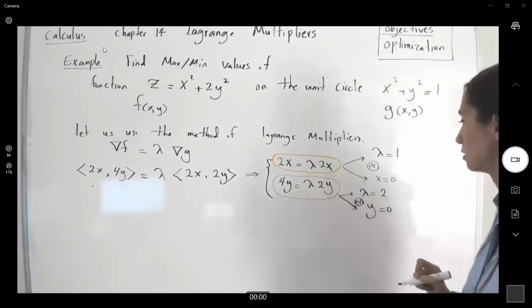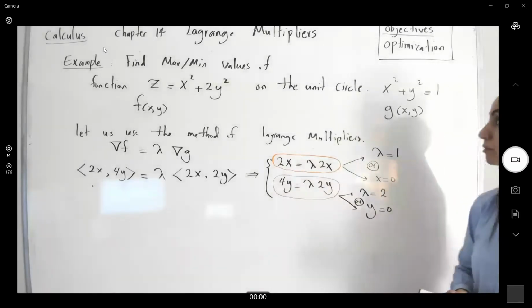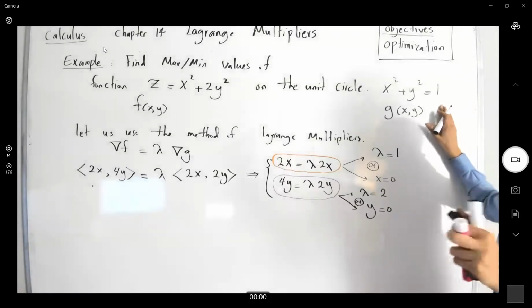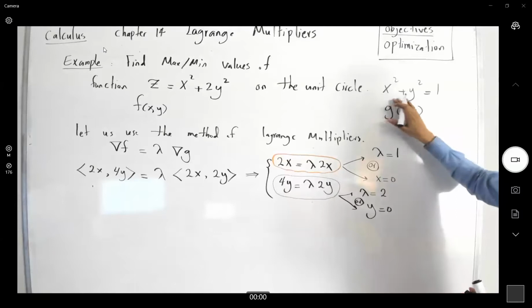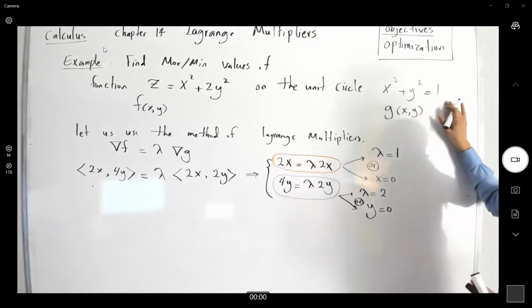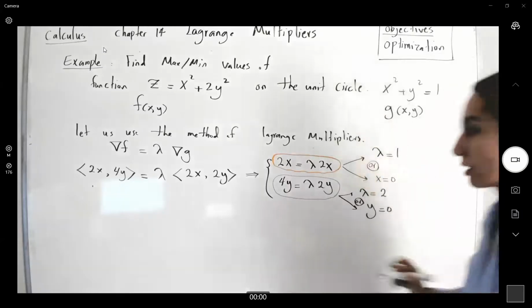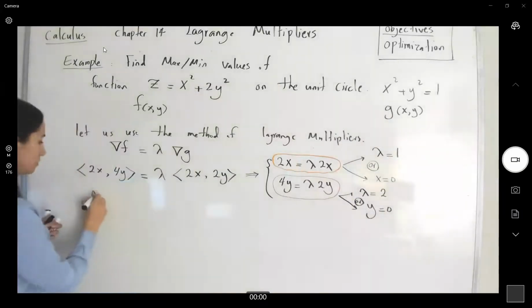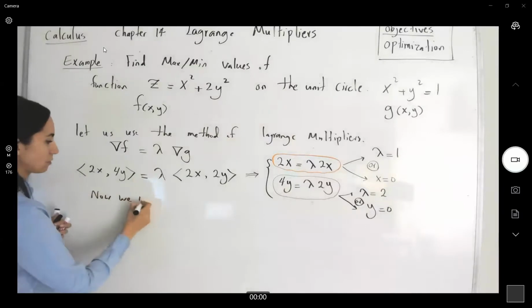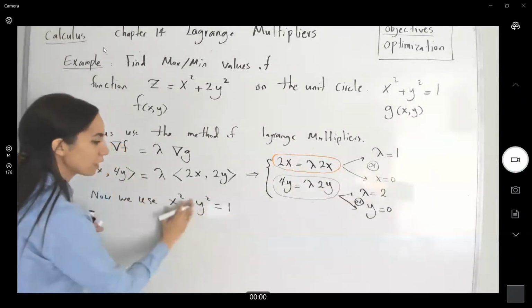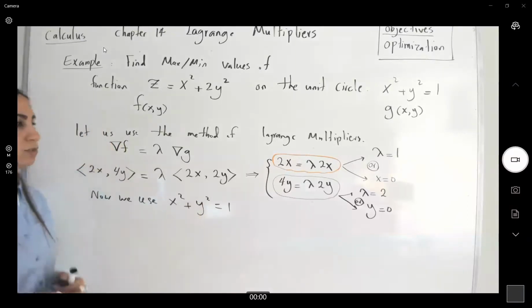Two cases here. But how do we decide? We're going to use the relation that is already given to us. We know for any x and y, we must have x squared plus y squared equals 1. We have a nice equation, and we're going to use it. Now we use x squared plus y squared equals 1, the constraint that is given to us.